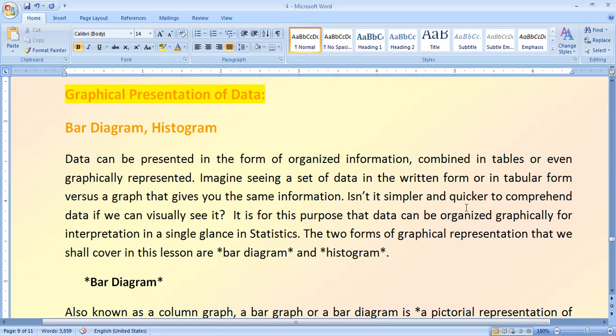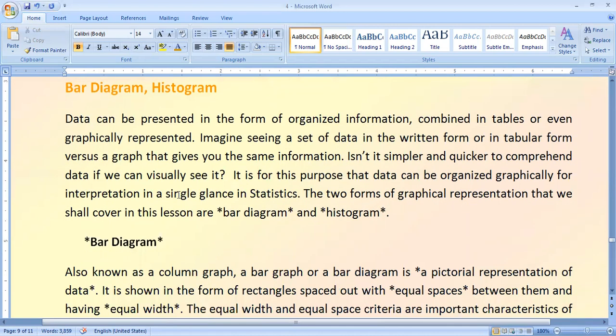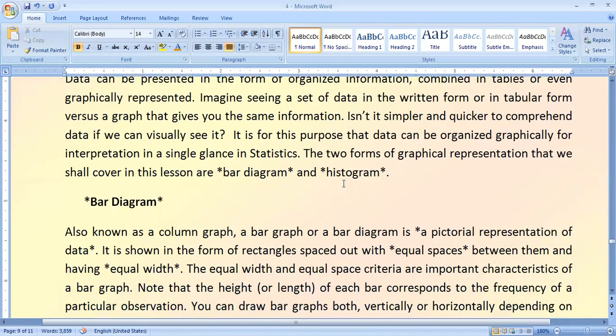It is simpler and quicker to comprehend the data if we can see it visually. For this purpose, data can be organized graphically for interpretation at a single glance of statistics. The two forms of graphical interpretation that we shall cover in this lesson are the bar diagram and the pie diagram.